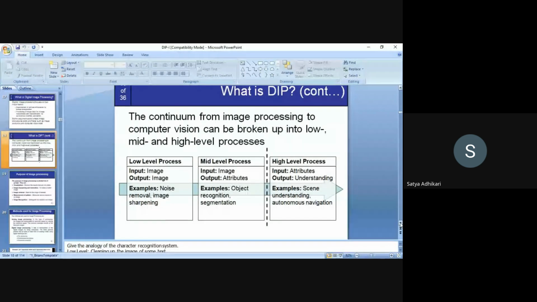So that noise should be removed in the low level process. Or image sharpening: as I told, some pixel values are missing, some pixel values are spurious. That can be modified in low level processing.